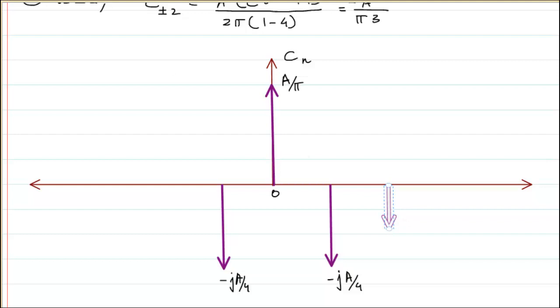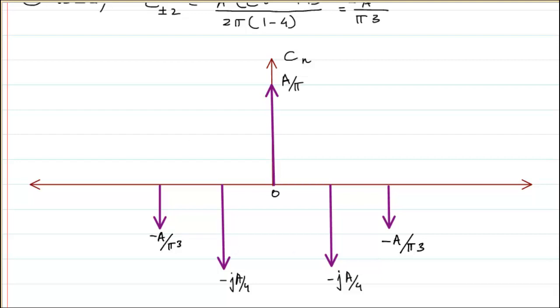So this is minus a by pi by 3, and this is minus a by pi by 3.